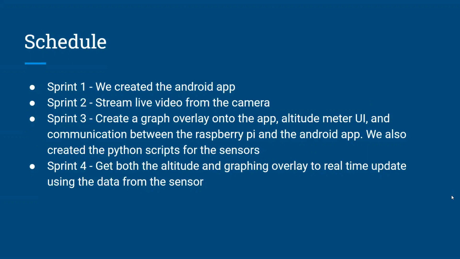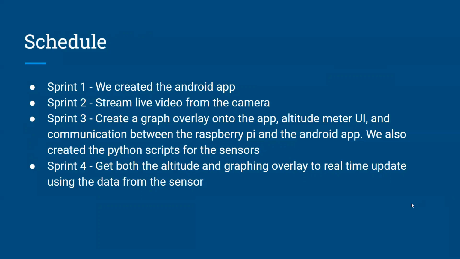For sprint 3, this is when we got most of the hardware and everything that we needed to start working on it fully. This is where we created a graph overlay on the app. With that graph overlay, we also had an altitude meter UI and a battery indicator.